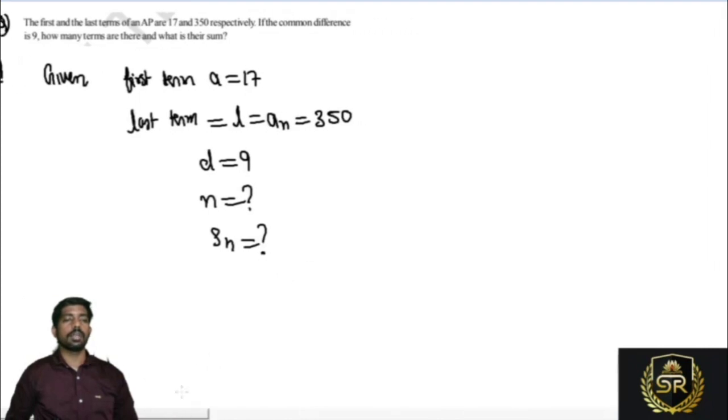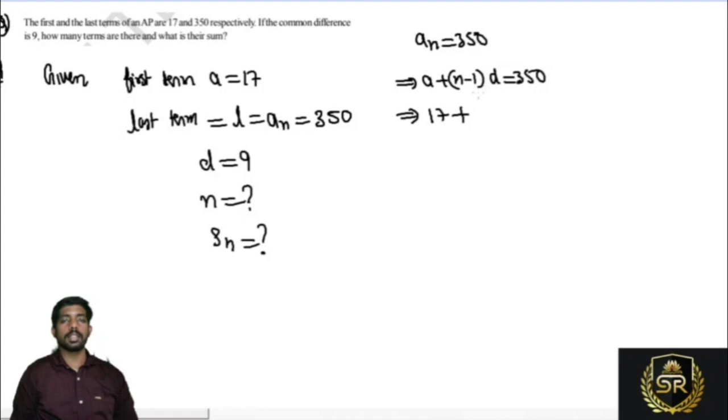From here, an = 350. The formula for an is a + (n − 1)d = 350. So a is 17, plus (n − 1) into d, which is 9, equals 350.